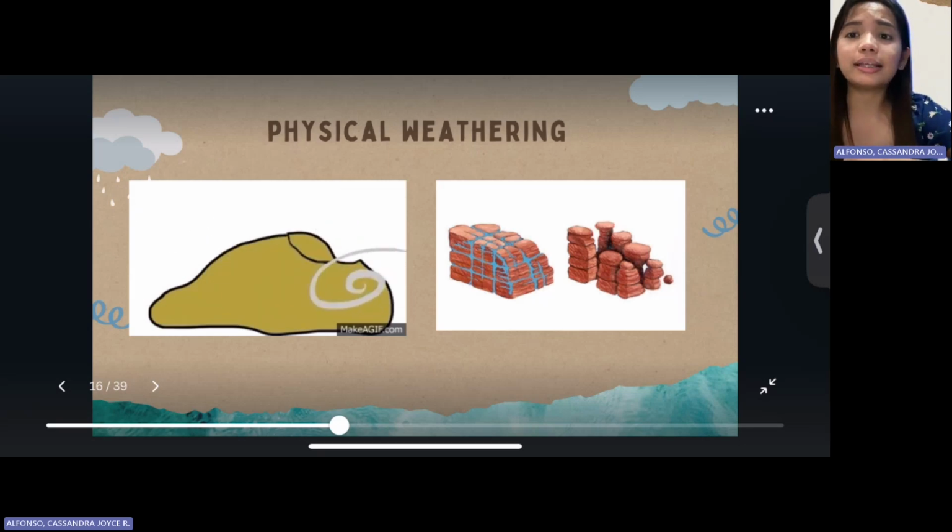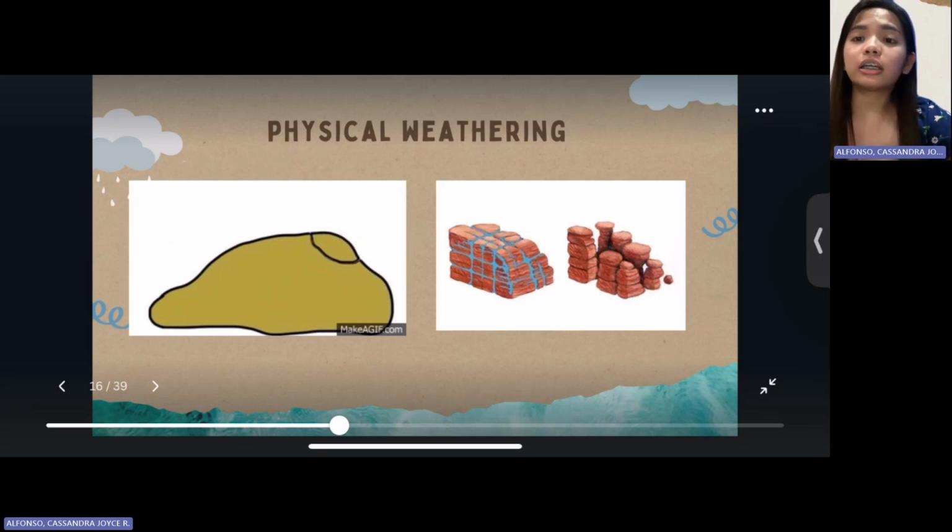So water can get into cracks in a rock, and if it freezes, the ice will expand and push the cracks apart. Kaya yun yung nagiging force ng water down para mag-break yung rock into pieces.